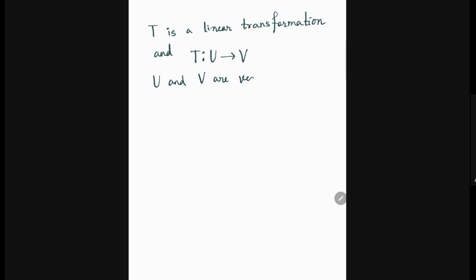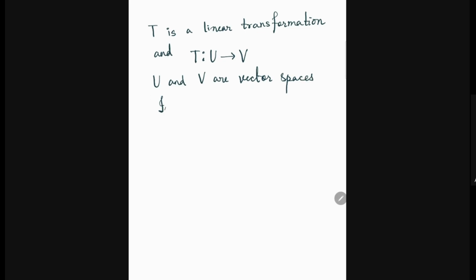Say T is a linear transformation. Ma'am, it satisfies two properties: T of x plus y. Yes. T is defined from U to V, where U and V are vector spaces. It is just like a homomorphism between two vector spaces.